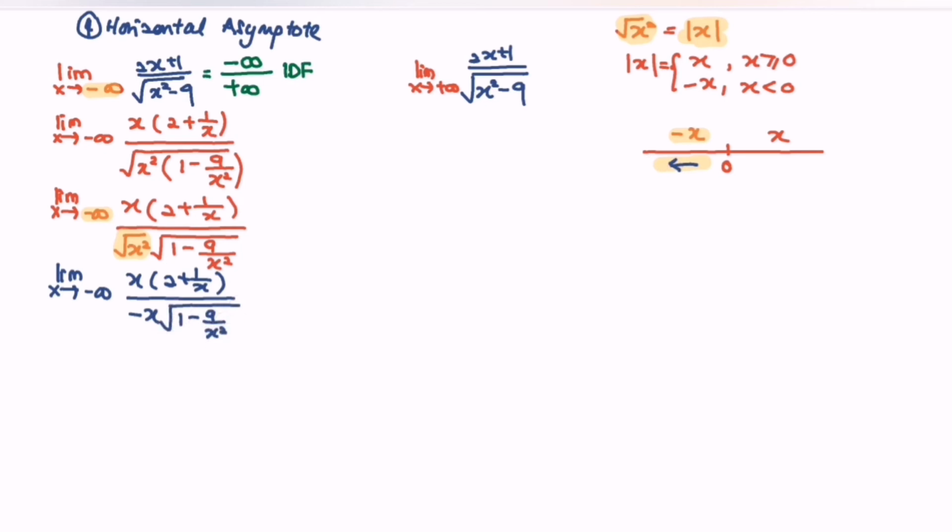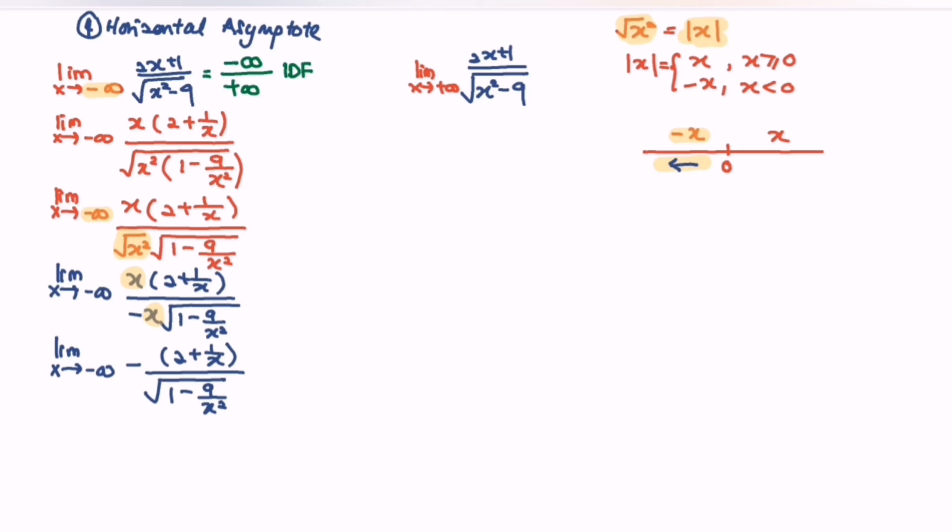So kindly simplify the situation and we will have limit when x approaching negative infinity, we have a negative bracket 2 plus 1 over x over square root of 1 minus 9 over x squared. Why we obtain negative? Because when we simplify the x we will have 1.